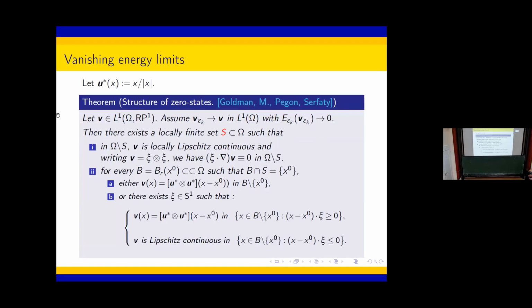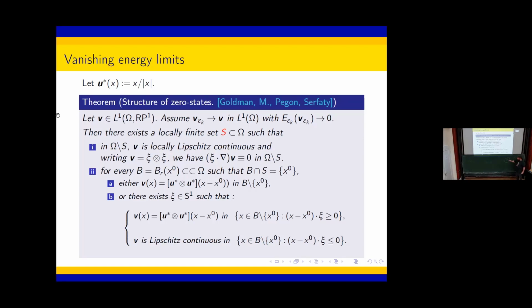And in fact, I will make a picture. In this region, you have V, which is like this, it's Lipschitz, and it's constant along the line, like this. In this domain, you have this.